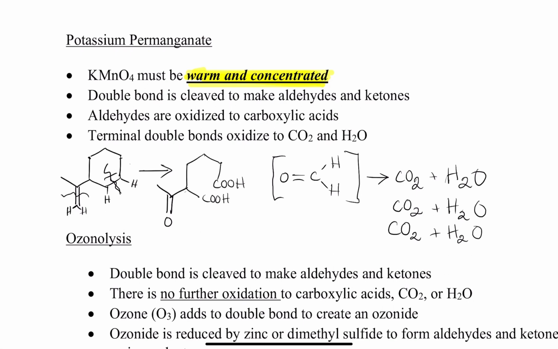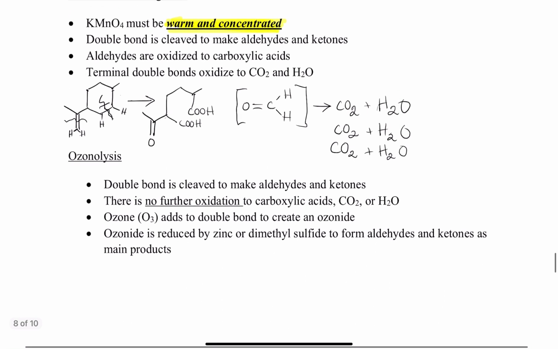Now we're going to go to ozonolysis, where again we are going to cleave double bonds to make aldehydes and ketones. However, there is no further oxidation to carboxylic acids or carbon dioxide or water.